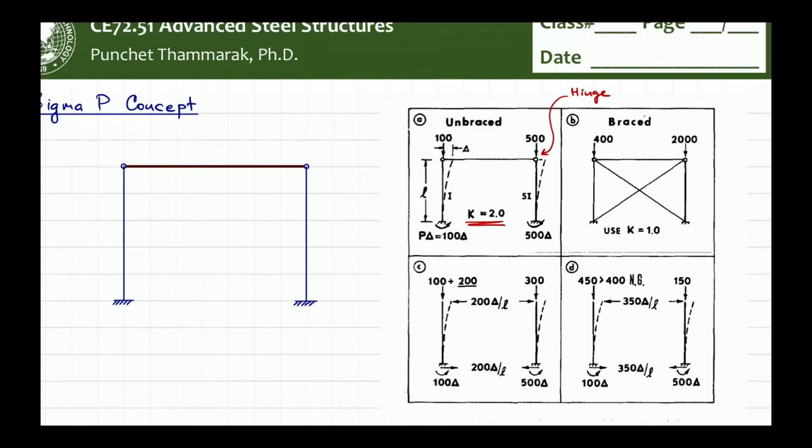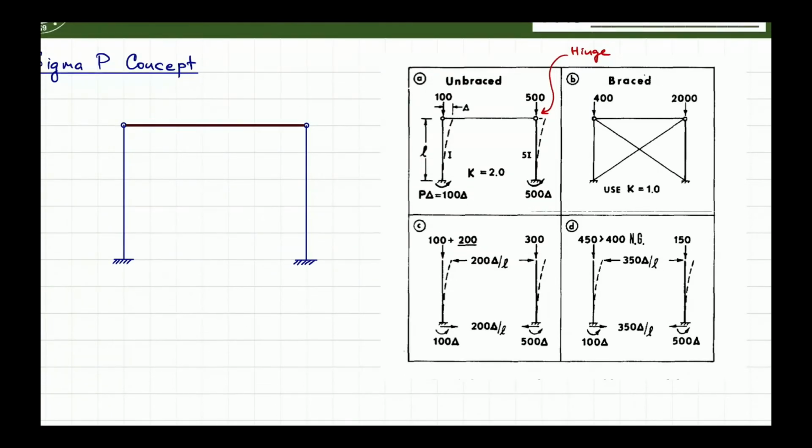Now the load is applied, 100 and 500 on top of both, so the load distribution is identical to the capacity of each individual column. It buckles simultaneously. This is just to show you the first possibility of failure of this frame.